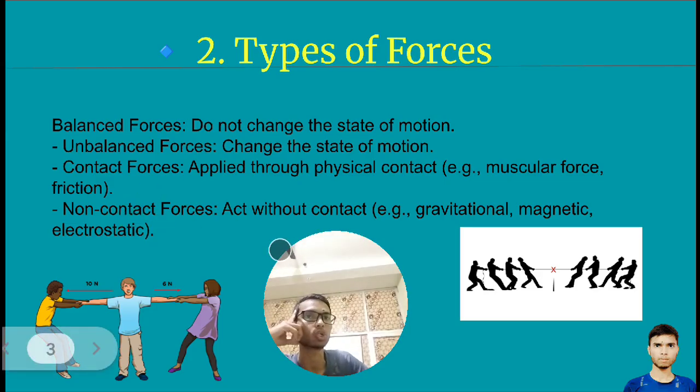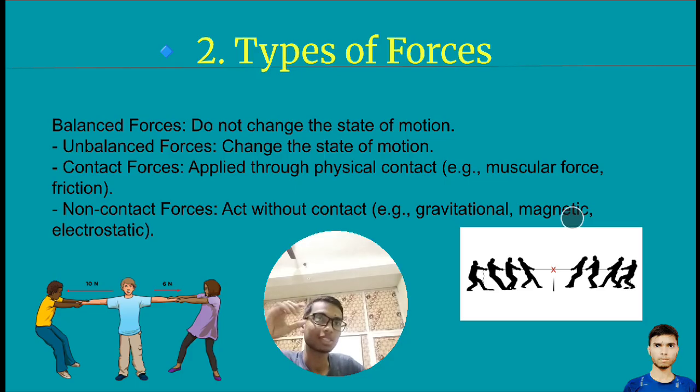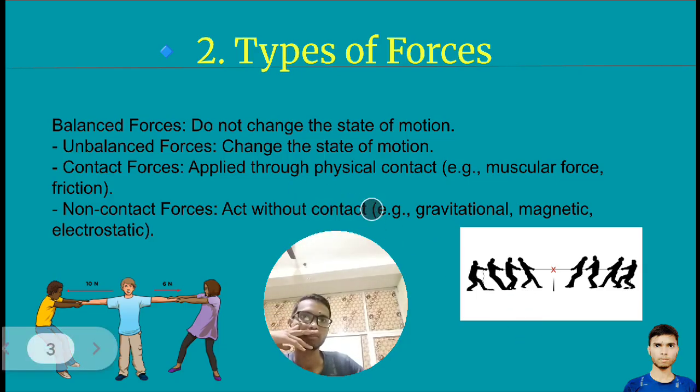In the discussion of electrostatic, we take electric charges, but in the discussion of magnetic force, we take a sign: south pole, north pole. And in the case of gravitational force, an object coming from upward falls downward. Clear? So all these forces are considered non-contact forces.